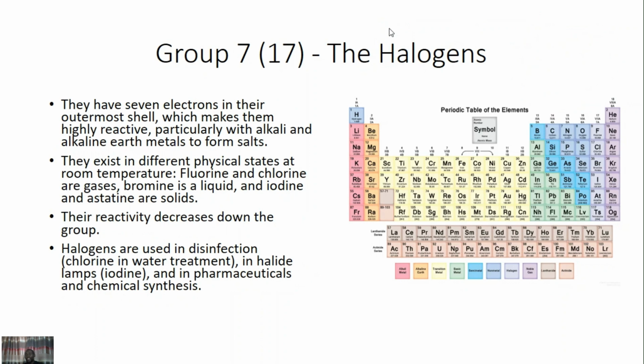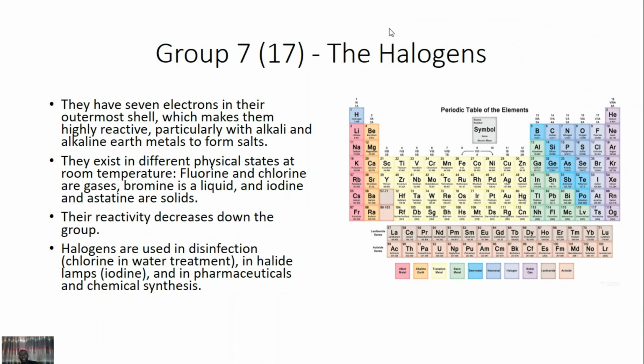Group 17s are halogens, and they have 7 electrons in their atomic shell. They are highly electronegative in the sense that they want to gain the one extra electron remaining for them to complete the electrons in their shell. They are also highly reactive, although their reactivity decreases down the group.